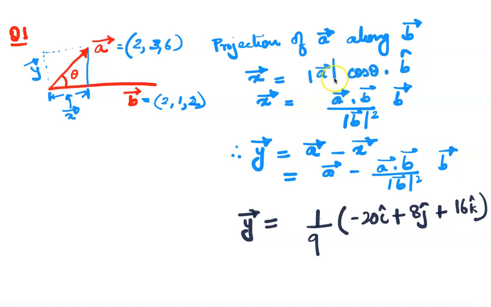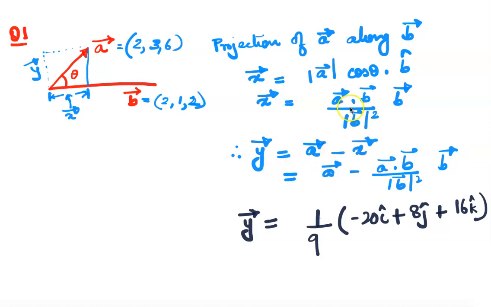With dot product, we know that a cos theta is nothing but a dot b by the magnitude of b, and we can write b hat as b vector by magnitude of b. So we have a dot b by magnitude of b square times b vector.